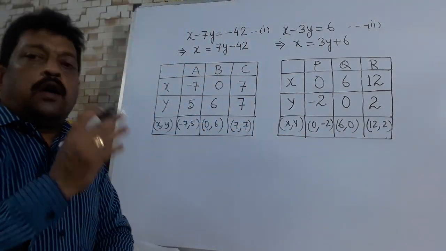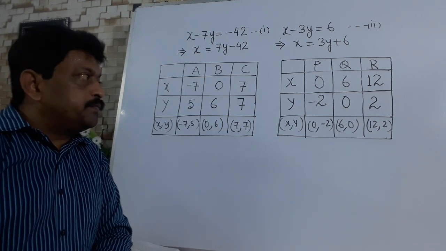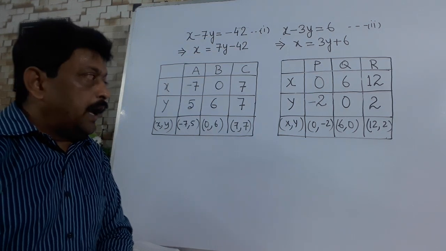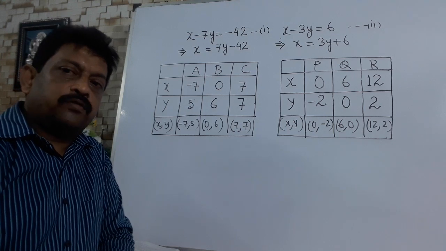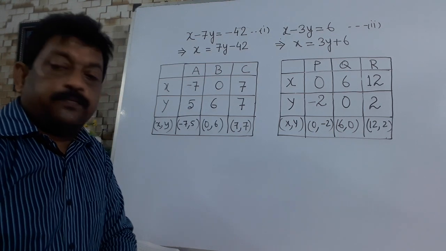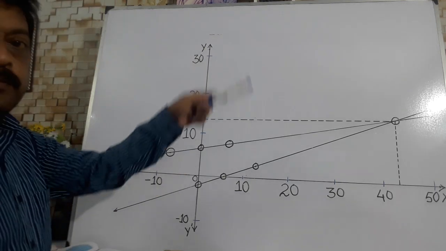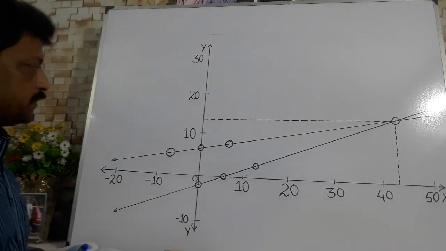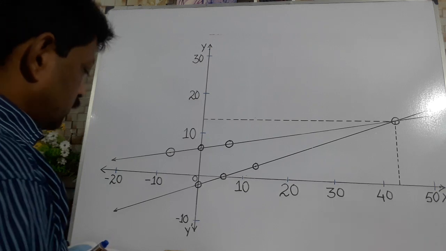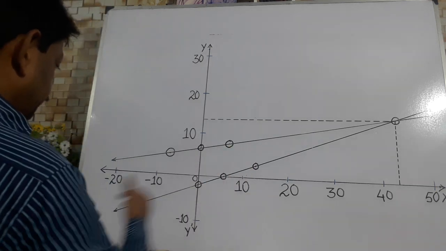Okay, now I shall represent them on the graph paper and check what kind of line we are getting. This is the graphical representation of the whole situation. We have got two equations.